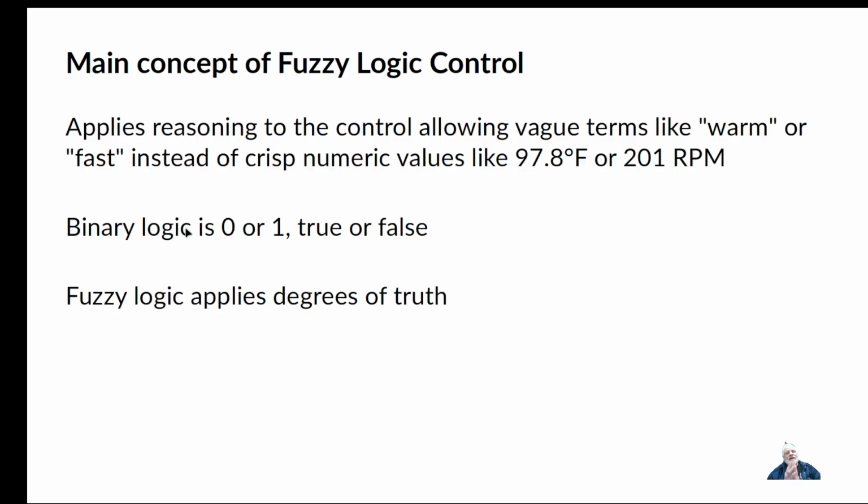And again, our DC output, we're only going to put out a high or a low, but we're going to vary the time of that. And so the fuzzy logic applies degrees of truth. So instead of saying it's either true or false, we can put in degrees and say, well, it's 0.8 or 0.7 or something like that.